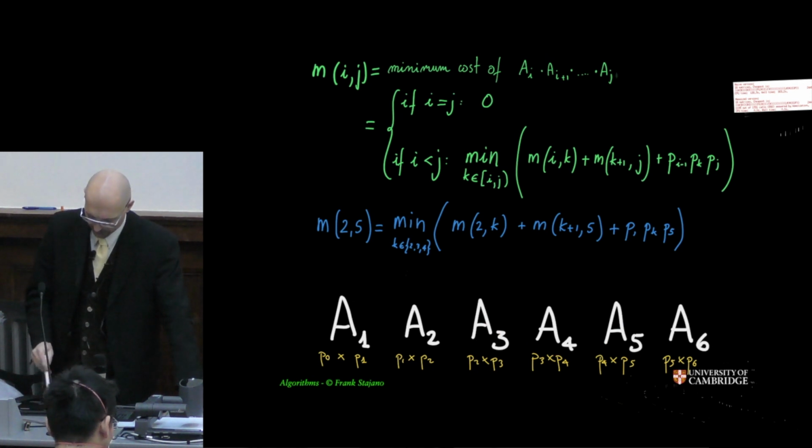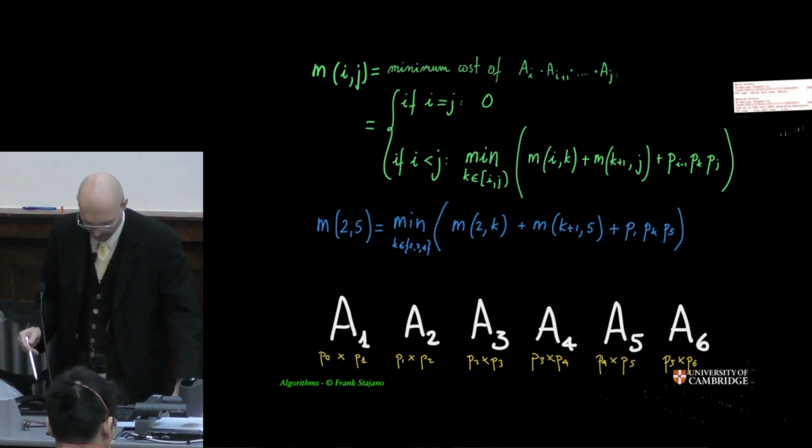And then the cost of doing this top level, this times this, which has dimensions this times the common one here times that. So that's P1 here, P5 here, and the pk in the middle is this one. And then if I generalize this 2, 5 to i and j, I get this one.